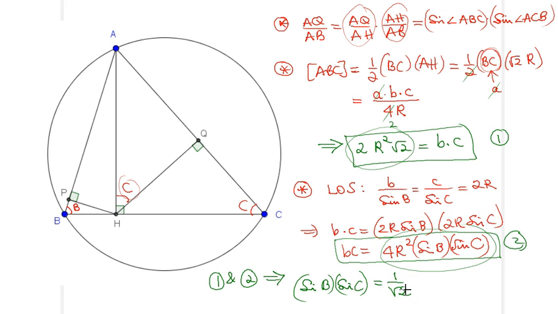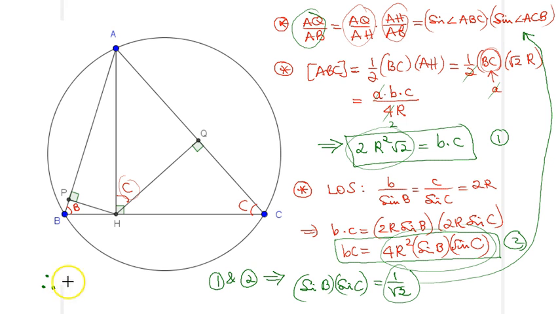But then I can simply substitute this into this expression here. So AQ over AB is equal to 1 over √2, suggesting that AB over AQ is equal to √2 as desired.